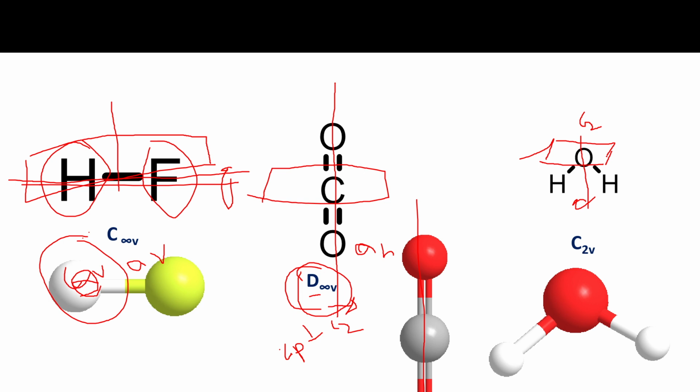If there is not multiple, only one C2, then C will come. If there are multiple C2 and your C2 is perpendicular to the principal axis, then the D term will come. So for this case, there is C2 and sigma v present, like if you cut this molecule like this, so the point group of this molecule will be C2v.